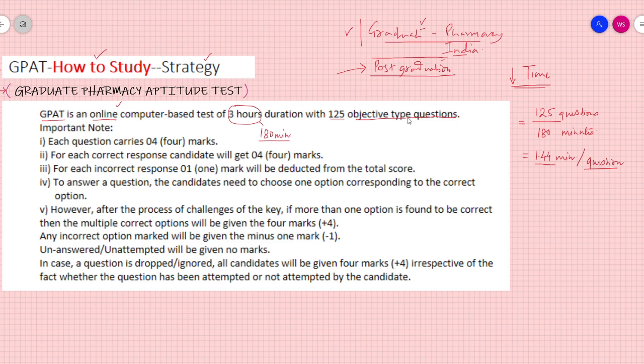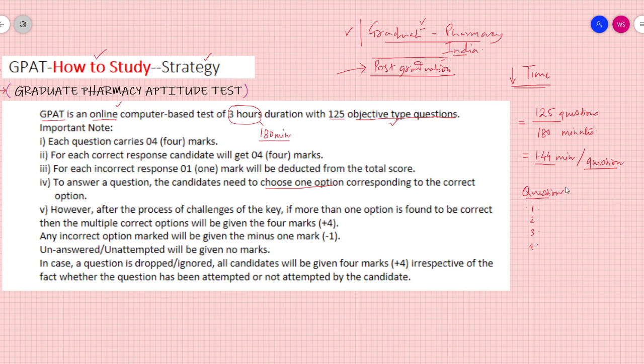And what's the type of the question? It's an objective type question, meaning you would have a question, and that question would have 4 options, and you need to choose one option. One option would be the correct answer to the question.